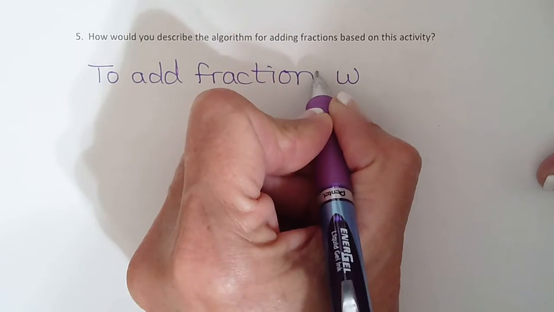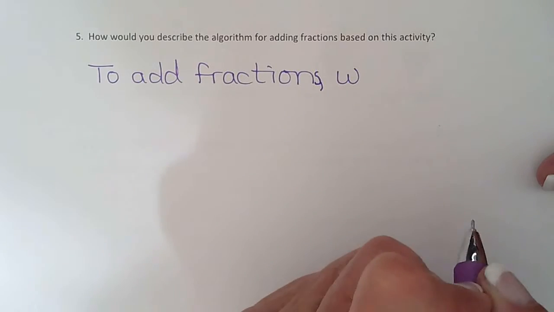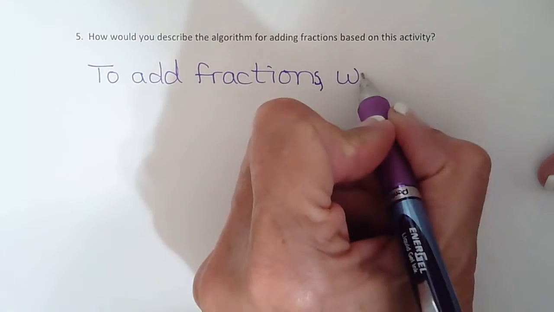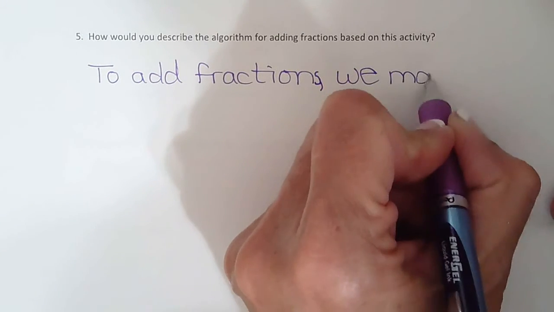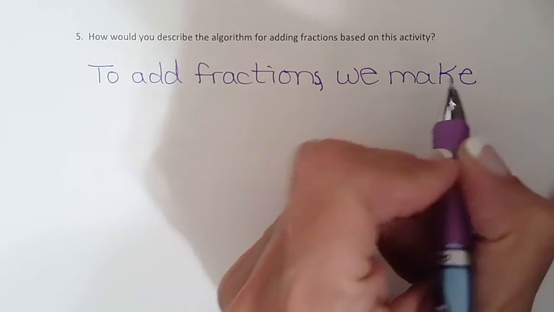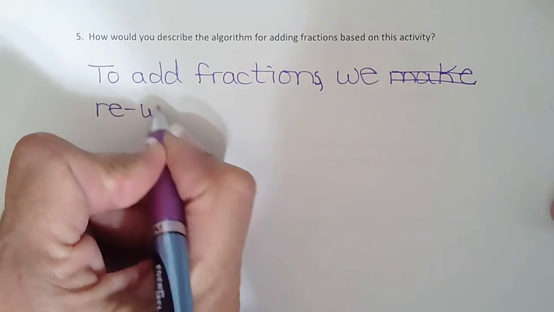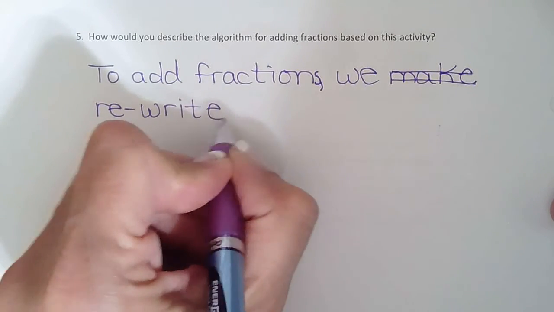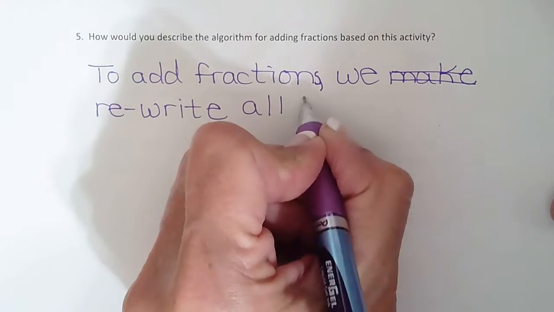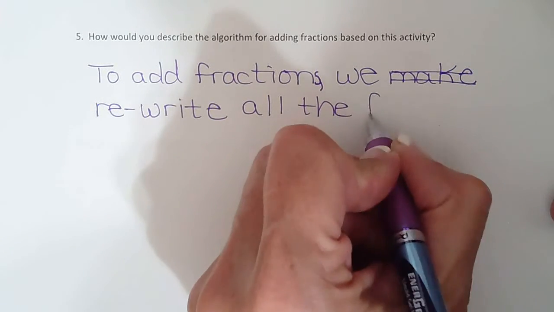To add fractions, Norris, that's an S. We make, or let's say, rewrite all the fractions with a common denominator.